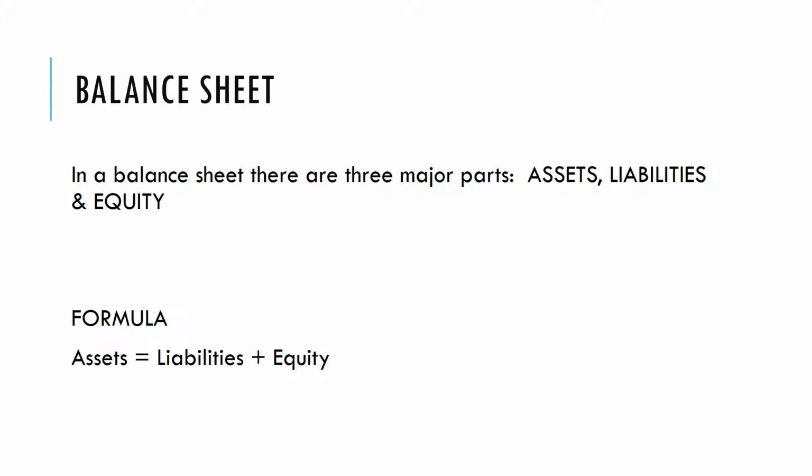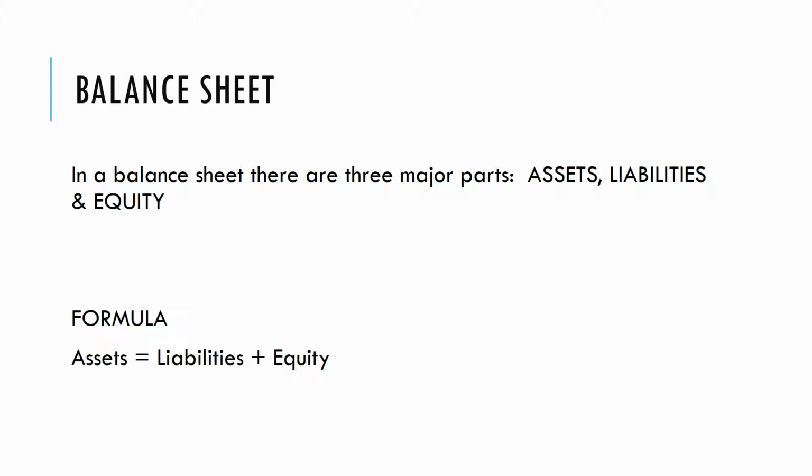There are 3 main parts of the balance sheet. It is the assets, liabilities, and equity. And the formula that you'll hear people say, and it's pretty easy, is assets equals liabilities plus equity.